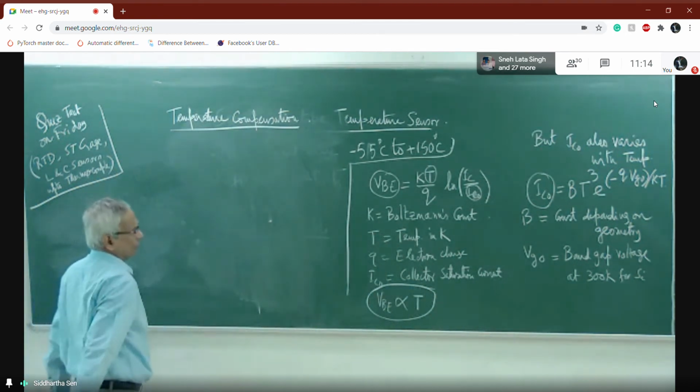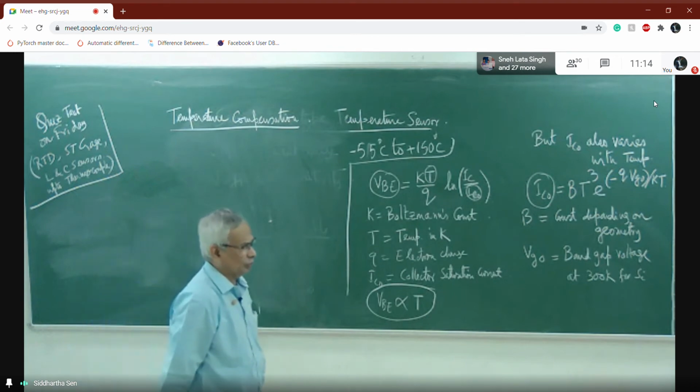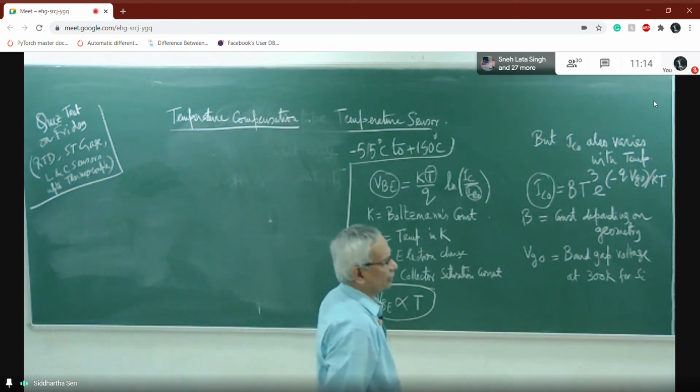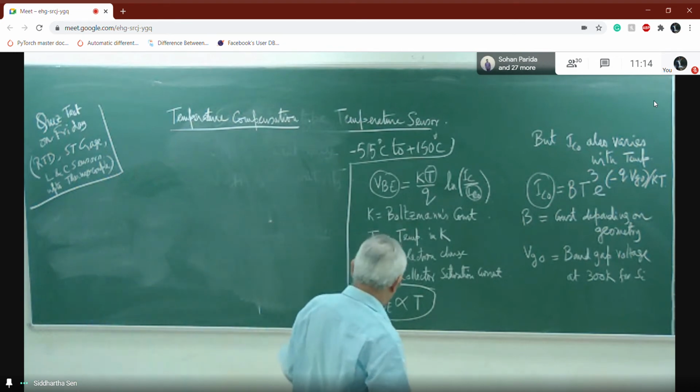Obviously, the actual circuit is much more complicated, but I am just showing you the basic scheme. What is it?